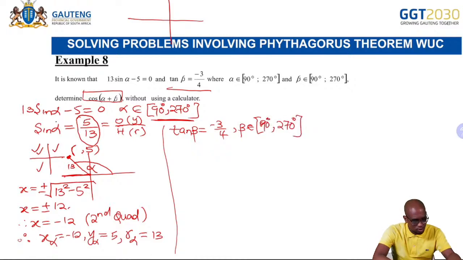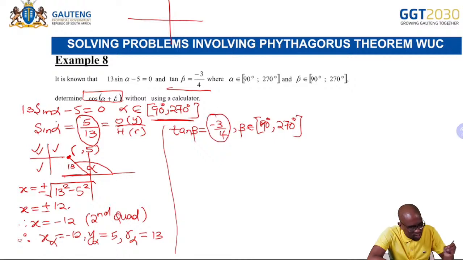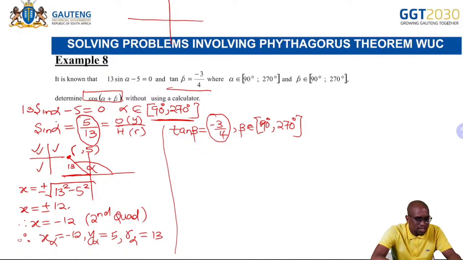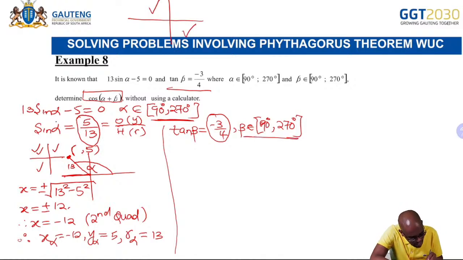So now we need to work out the quadrants where this can be located. You can see the tangent of beta is negative, and the tangent is negative in the second quadrant as well as the fourth quadrant, because in the third quadrant and the first quadrant it's positive. And then we check, where is this trapped between 90 and 270?